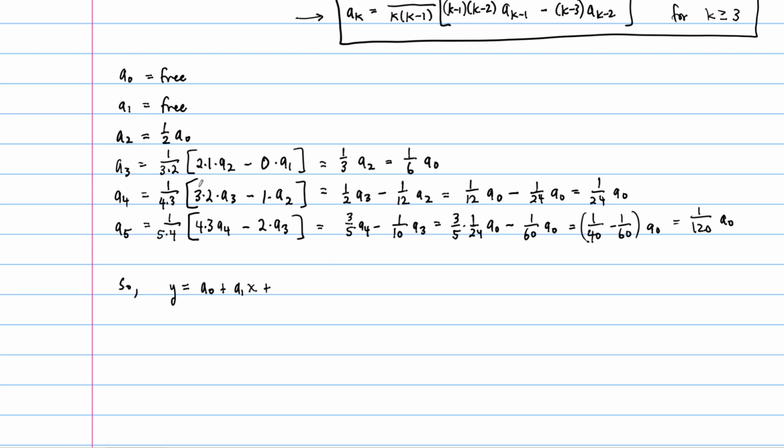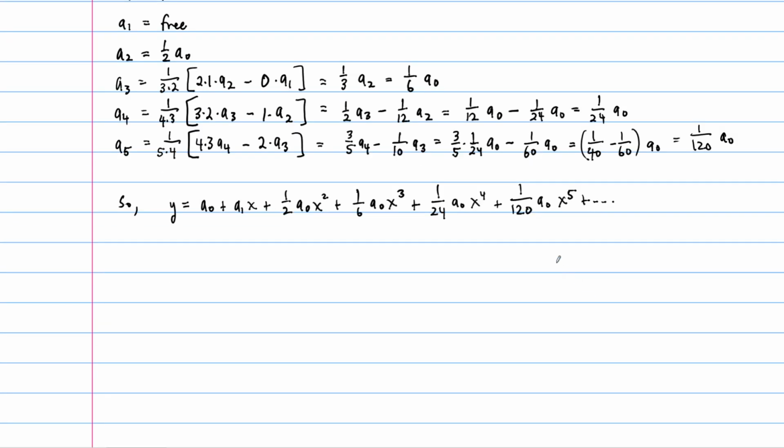So now we're plugging in the terms, so plus 1/2 a0 x squared plus 1/6 a0 x cubed plus this one's 1/24 a0 x to the 4th, and then plus 1 over 120 a0 x to the 5th. And then obviously the solution continues, right? But this is what we have so far.